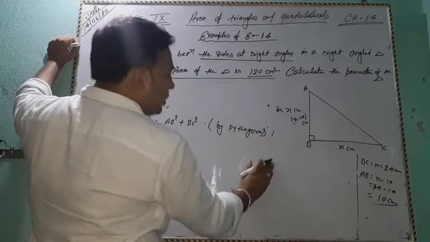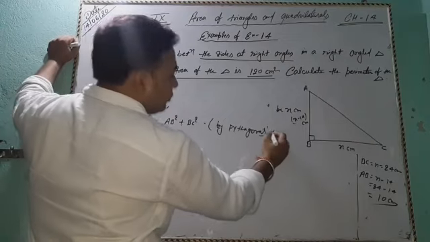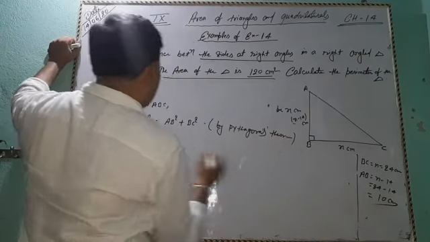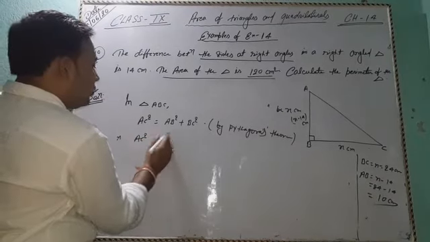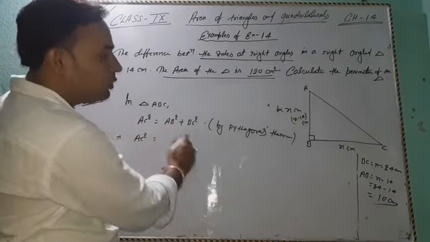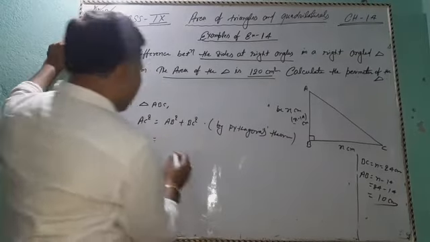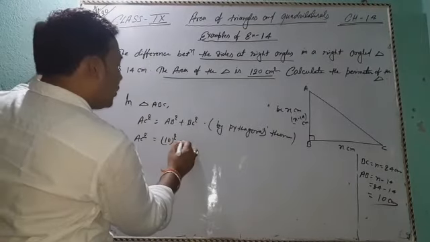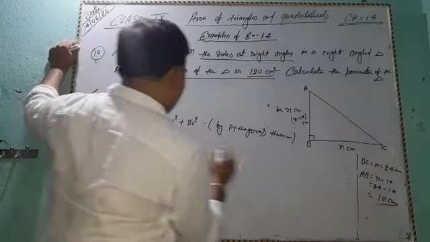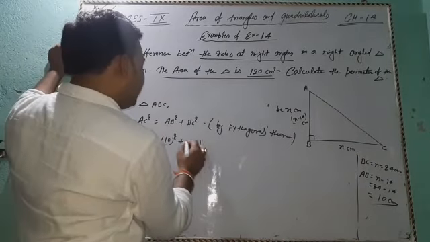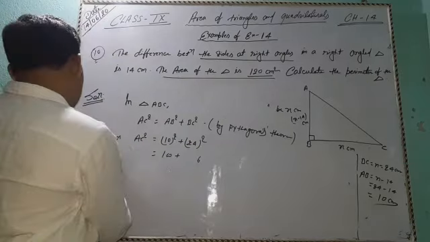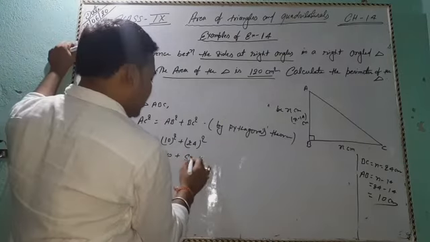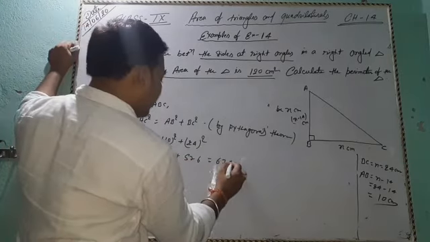So AC square equal to AB square, AB equal to 10 centimeter, square of 10, plus BC equal to 24 centimeter, square of 24. So 100 plus 576 equal to 676.